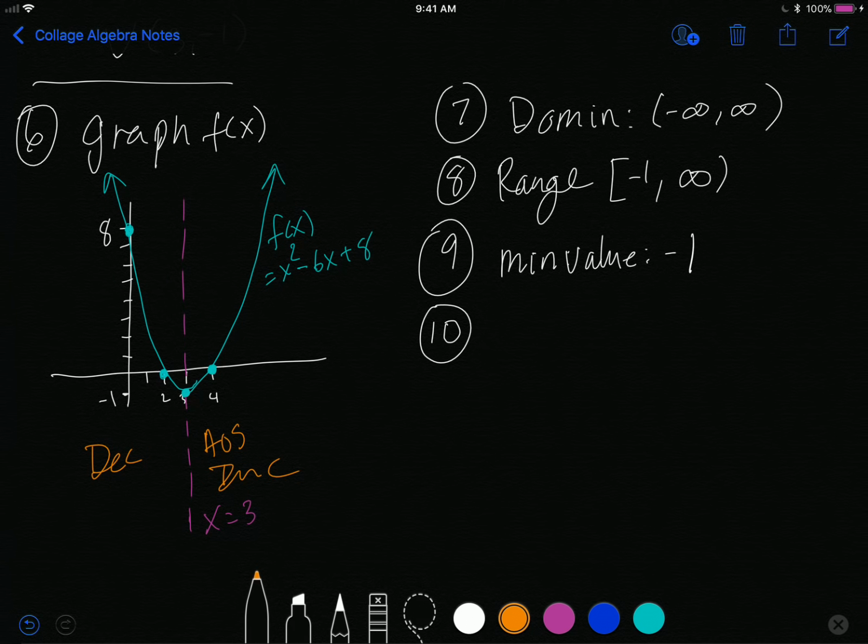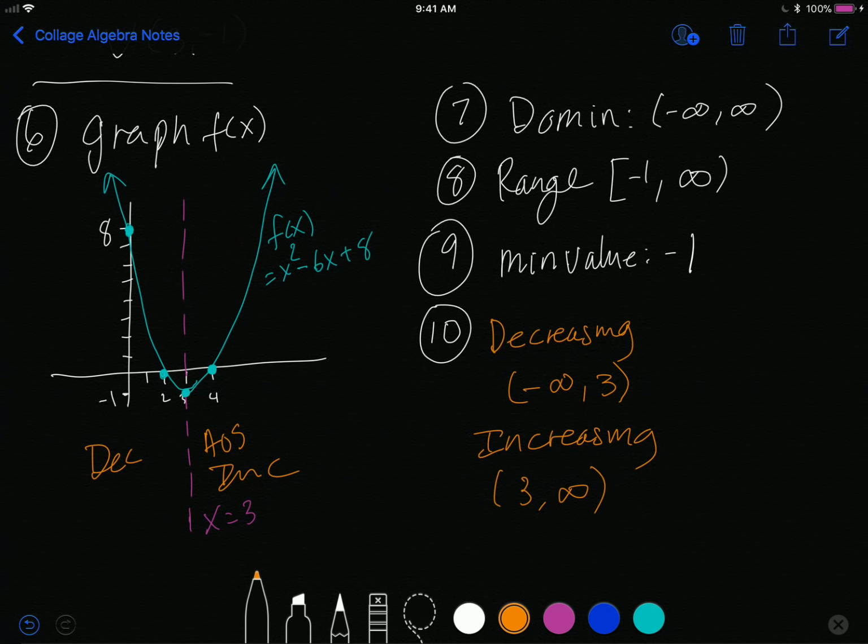Watch carefully, we cover the x-axis. See where I have shaded right here on the x-axis? That's where the graph is decreasing. So the graph is decreasing from -infinity to 3, and then increasing from 3 to infinity. That's us analyzing the graph of that function.